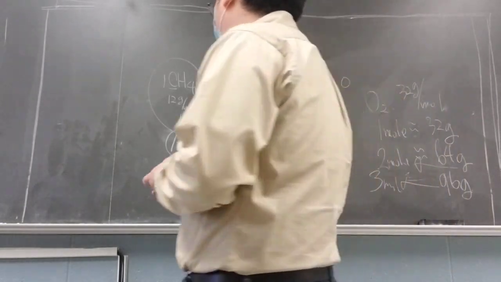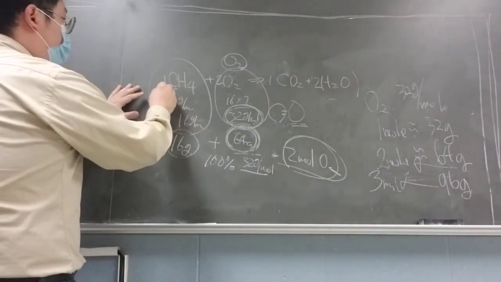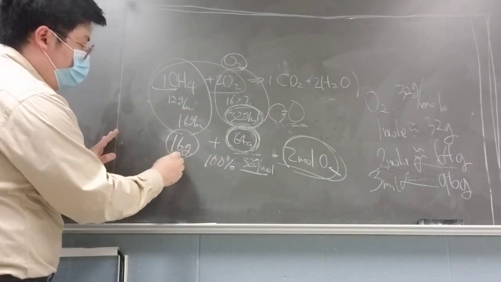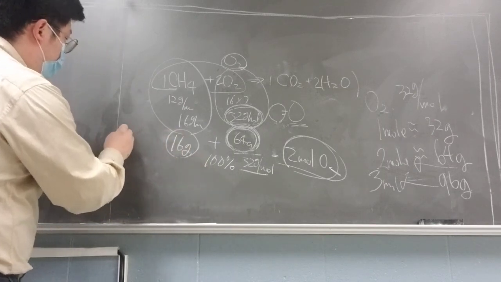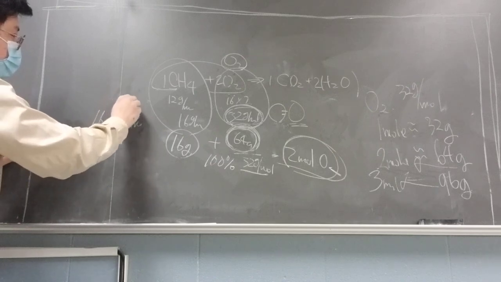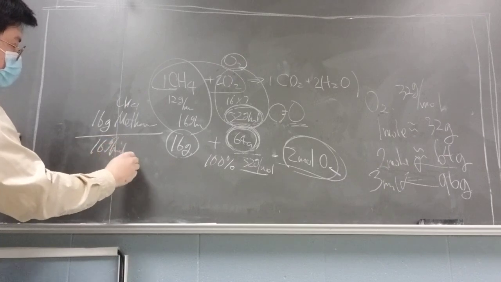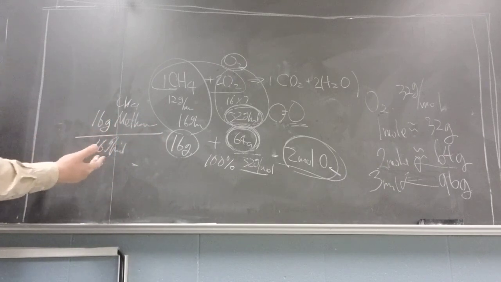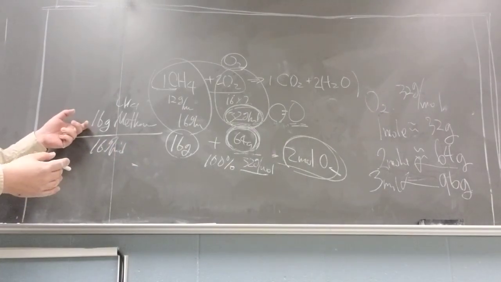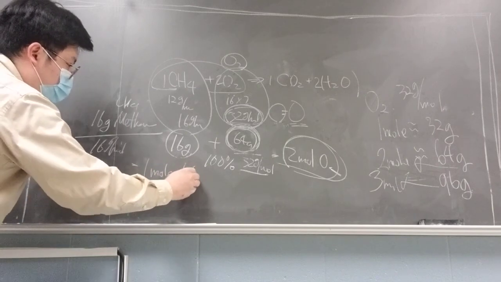So if that is the case, once we're done balancing the chemical equation here, we know 1 methane will interact with 2 O2, which is perfect for this one. You have 1 mole, same here, 16 grams of methane, which is CH4, over 16 grams per mole. So now we know, if there's 1 mole of methane, it's gotta weigh about 16 grams, and we do have 16 grams, so it should be just 1 mole of CH4.